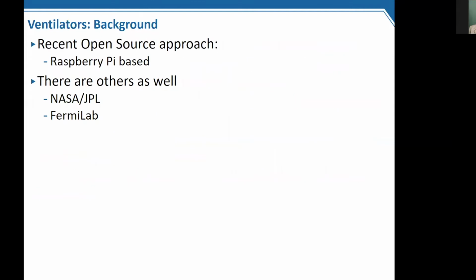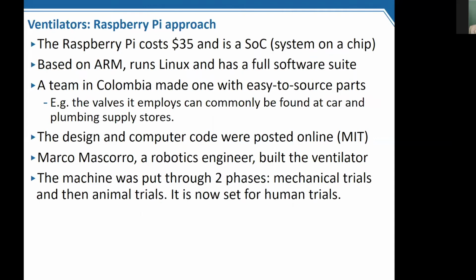What I'm going to describe is a Raspberry Pi based solution. There are others also from NASA and Fermilab that I'm aware of, but let us focus on the Raspberry Pi. As you all know, it just costs $35, and basically it runs on a very low cost microprocessor chip designed by ARM. It does run Linux, and in fact nowadays there's a 64-bit version available. And it has a whole bunch of software, compilers, everything.